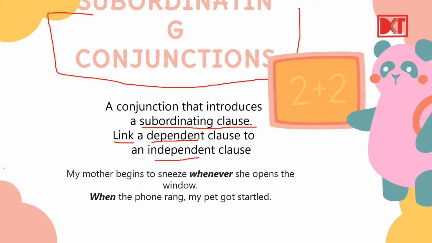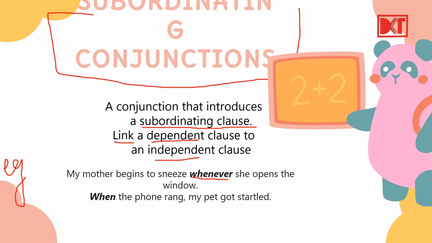Let's see the examples. My mother begins to sneeze whenever she opens the window. Whenever she opens the window. Alright. So यहाँ पे क्या है? हमें एक subordinate clause introduce हुआ क्या? Whenever she opens the window. ठीक है.